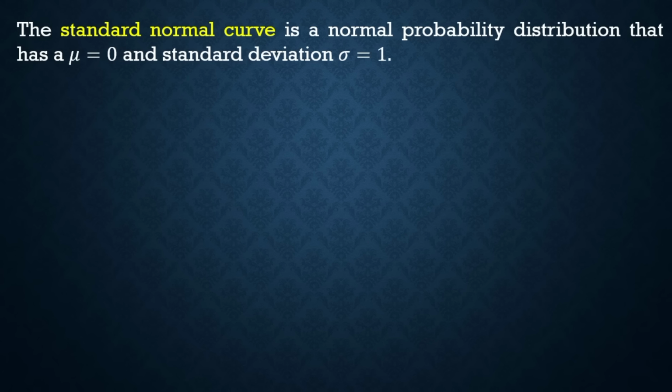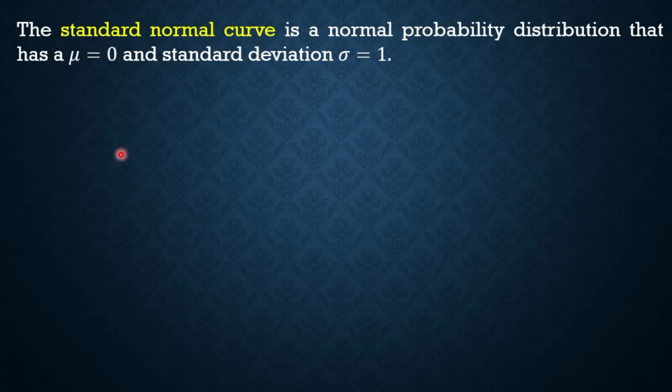Okay. So, the standard normal curve is a normal probability distribution that has a mean value, yung symbol natin, this is a population mean, that equal to 0 and standard deviation equal to 1. So, kapag ang mean natin is 0 and then yung standard deviation is 1, that is a standard normal curve.